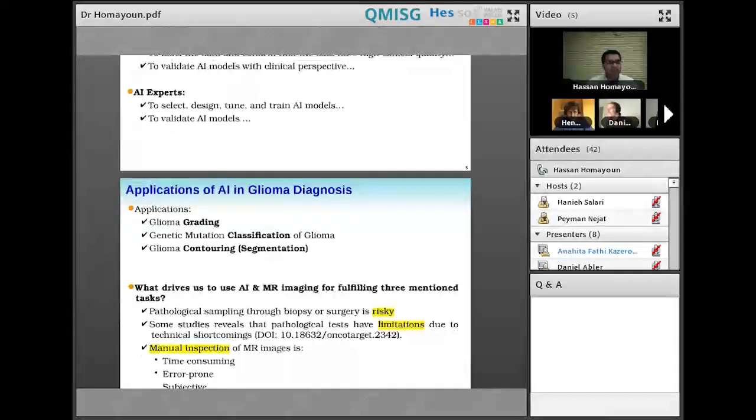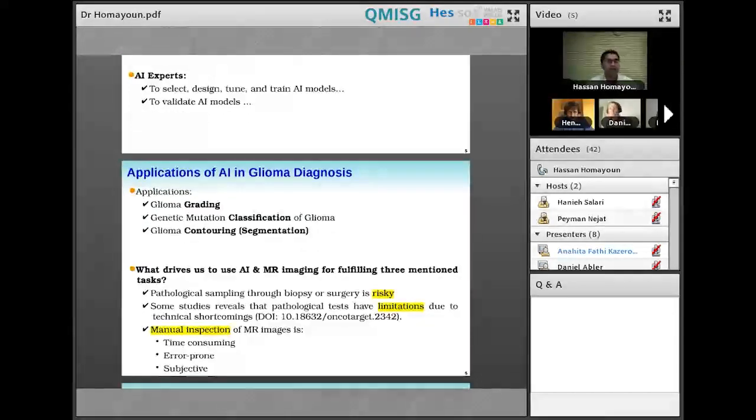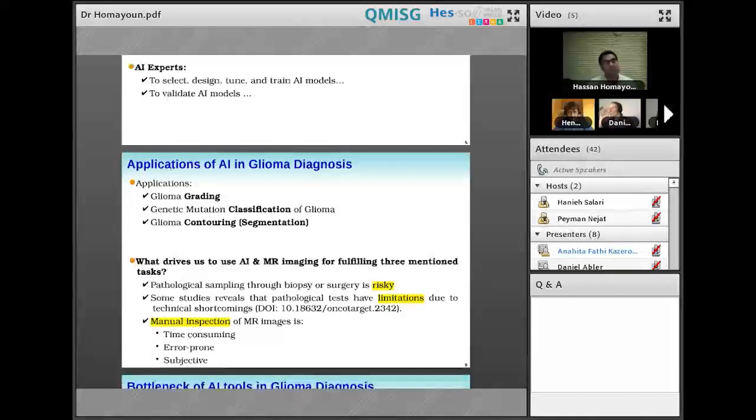These techniques are applied in the diagnosis of glioma from several perspectives: glioma grading, classification of genetic mutation in the glioma, and also glioma segmentation or glioma contouring. A question arises from here: what drives us to use AI and MR imaging for fulfilling the above-mentioned applications?